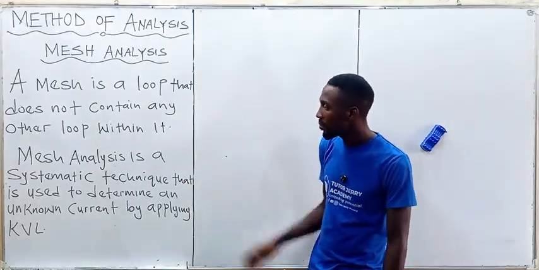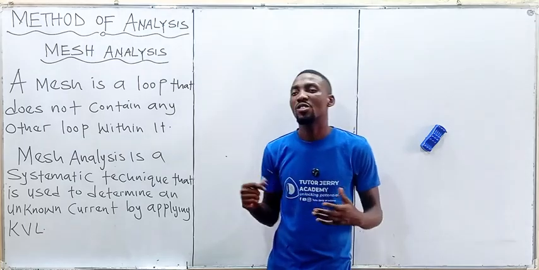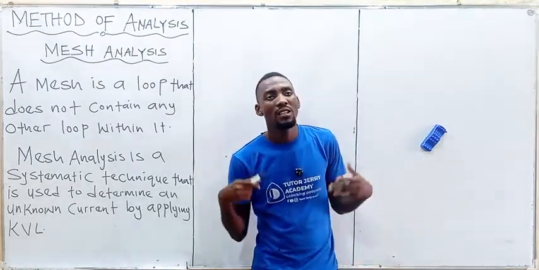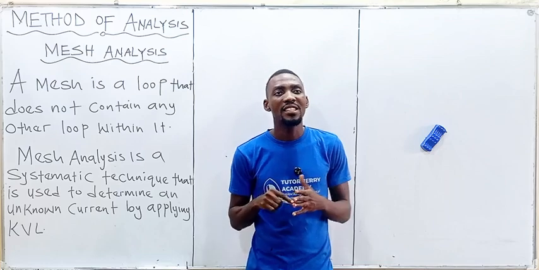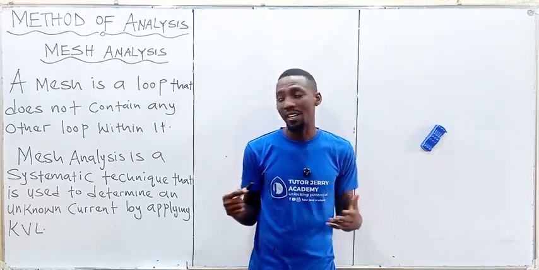All right. So mesh analysis is a systematic technique that is used to determine an unknown current by applying Kirchhoff voltage law. This method is mostly applicable to planar circuit.